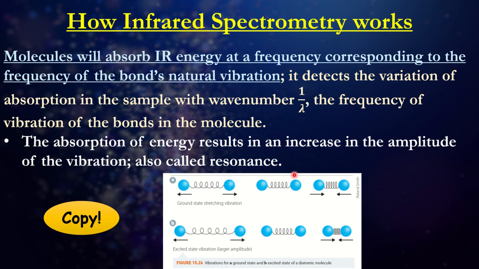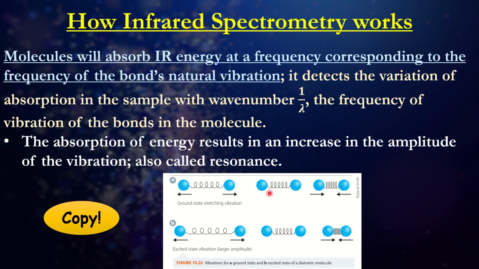Now, in physics, just to explain what resonance means, we know that each bond will have a natural period or time period where it stretches backwards and forwards or vibrates. If we can supply it with energy to allow it to vibrate at that same frequency, so when the natural vibration and the energy driving that vibration are equal to each other, you get resonance, which is the two of the same frequencies adding on to each other, causing an increase in the overall amplitude of vibration.